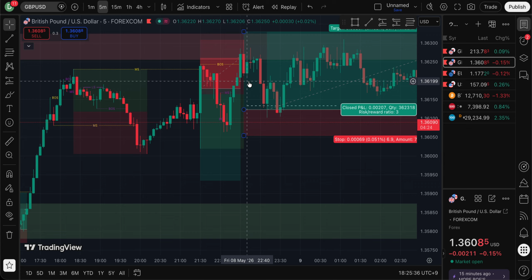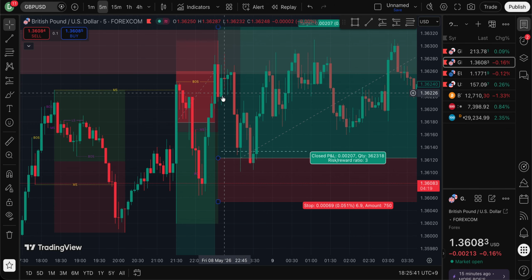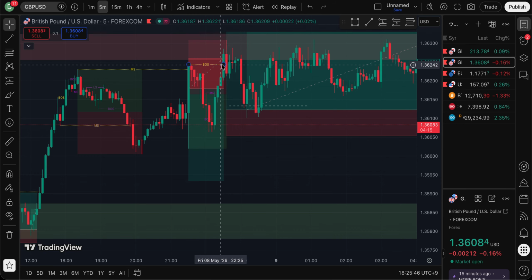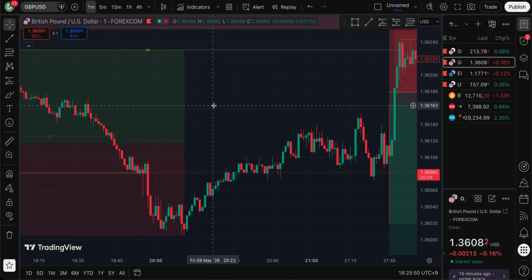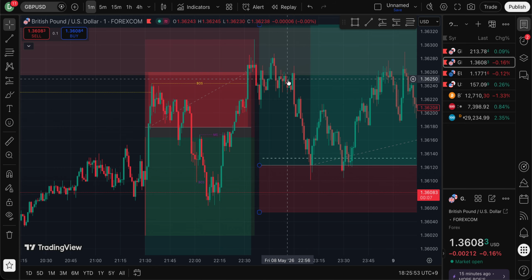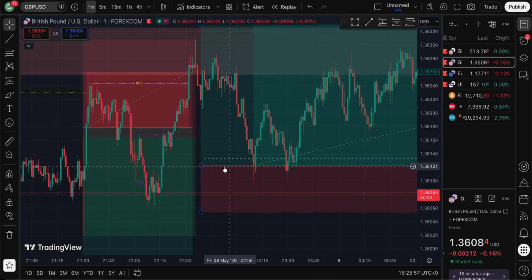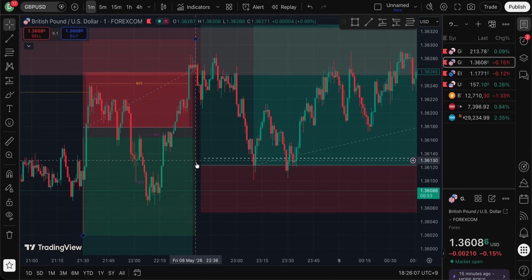But then I didn't give up. Just after this, I waited for the pullback on this break of structure on the 5-minute time frame. I went to the 1-minute time frame, waited for the pullback, and then price was pulling back, and I placed my entry right here, hoping that price would sweep this liquidity right here, maybe eventually this one, but not this one.